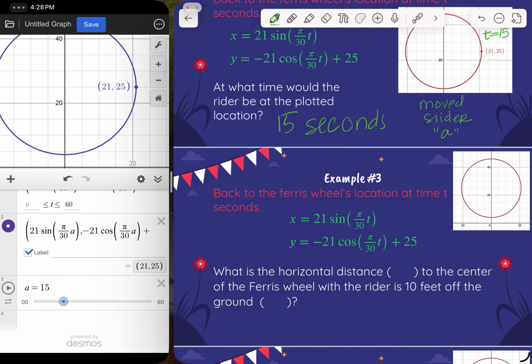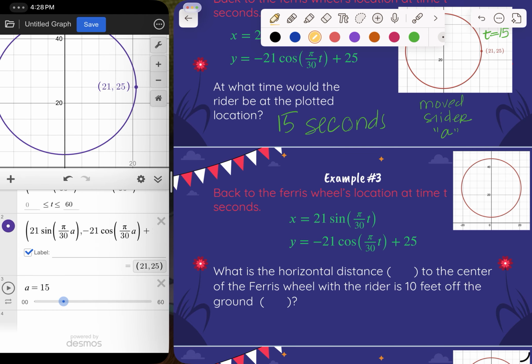This one said, what is the horizontal distance to the center of the Ferris wheel when the rider is 10 feet off the ground? So we need to think about our X and Y again. T is our time, our parameter, but we're also moving in time and space, right? Horizontal, the horizon, is my X, and 10 feet off the ground is my up and down distance.